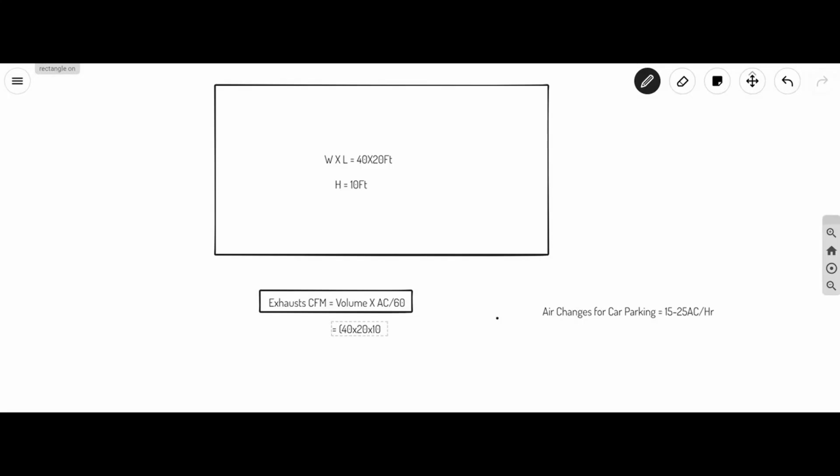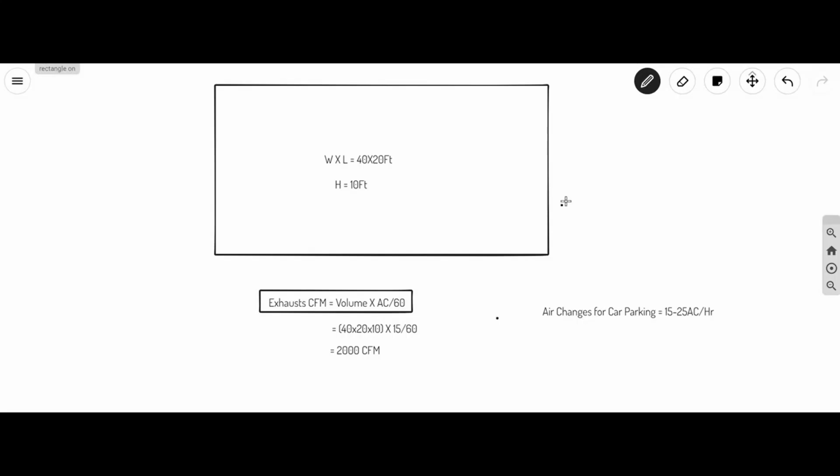Volume equals length into width into height, into air changes 15, divided by 60. So what is the CFM we'll get here? 2000 CFM. So here exhaust and fresh air will be the same.